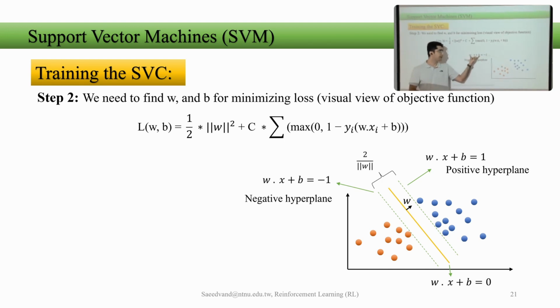If this term is equal to -1, it declares this margin for me. That is also known as the negative hyperplane. If my term W times X, that is the inner product, plus bias is equal to 0, then this indicates my hyperplane. On the other hand, if the value is equal to 1, it indicates my positive hyperplane.